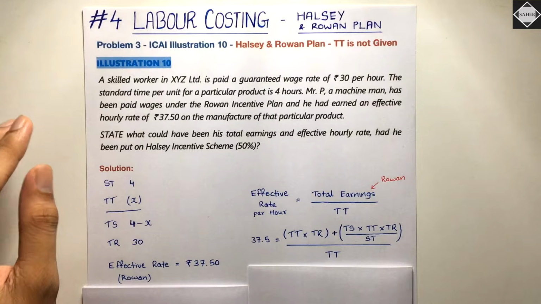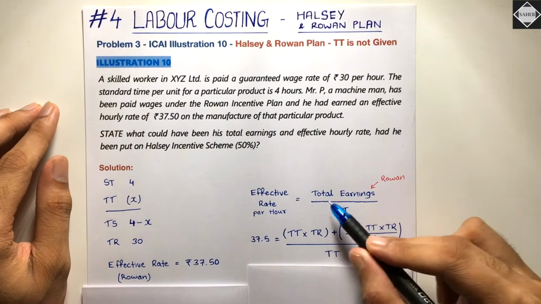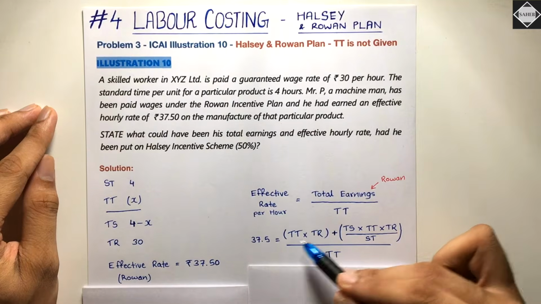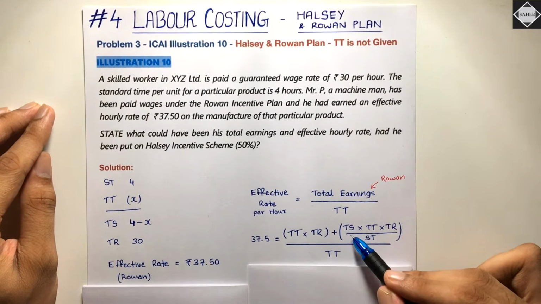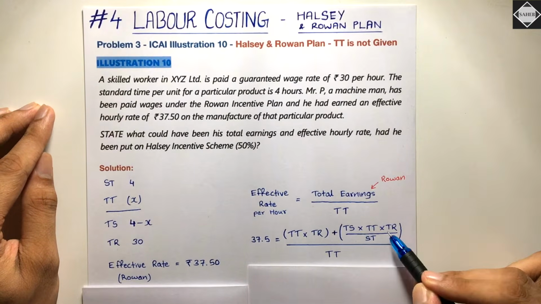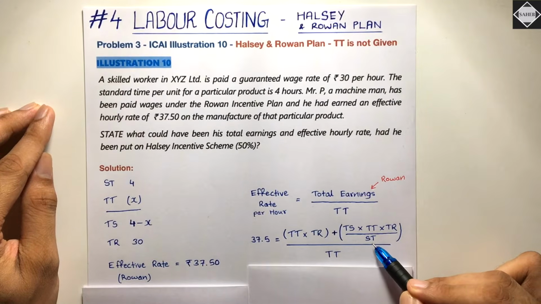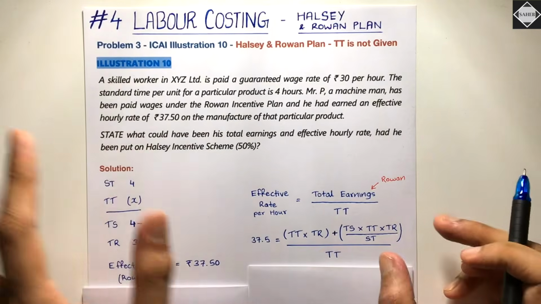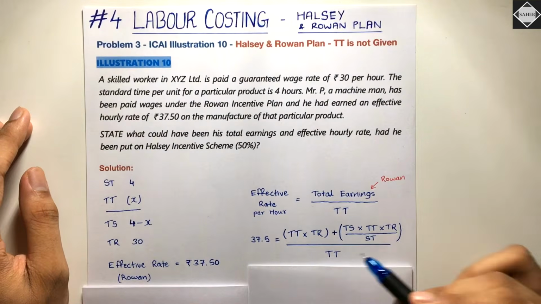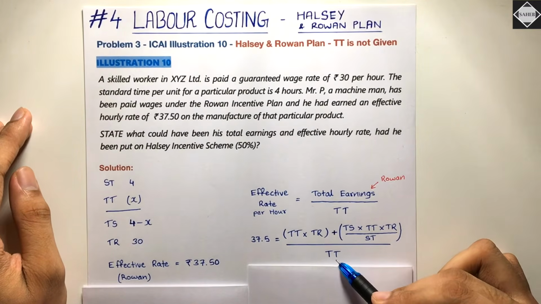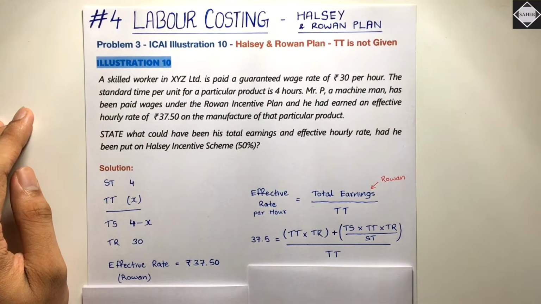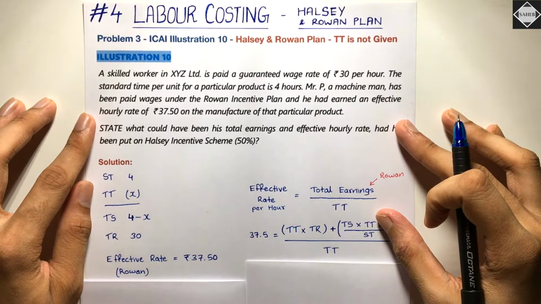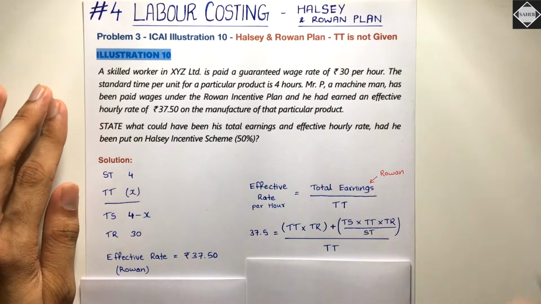So see what I have done. In total earnings, I have taken this Rowan formula: time taken into time rate, the basic, and then time saved into TT into TR divided by standard time. This is the bonus, this is the basic. And then you have to divide the whole thing by the time taken, effective hours actually. Do you understand the formula, how I have taken this? Now just input the values.